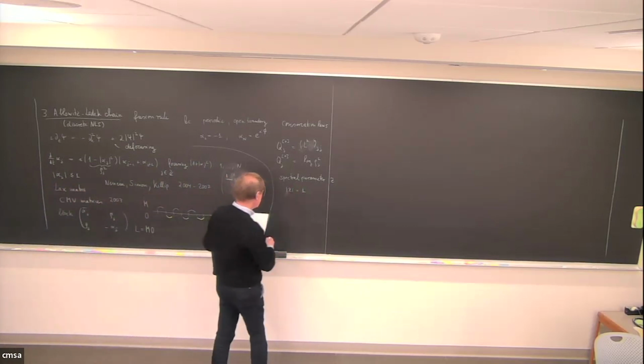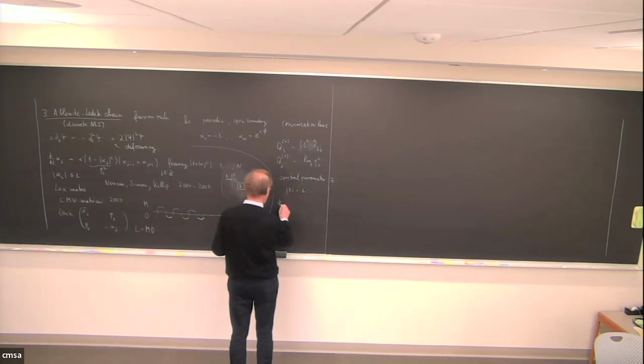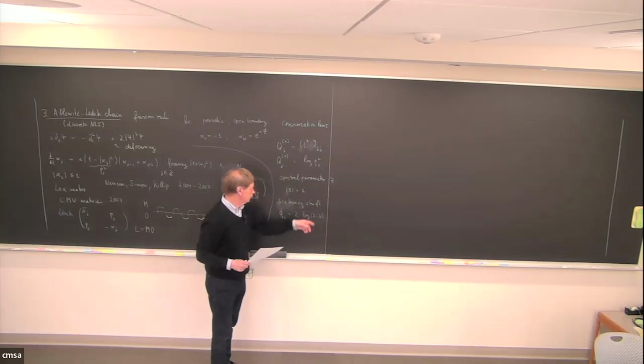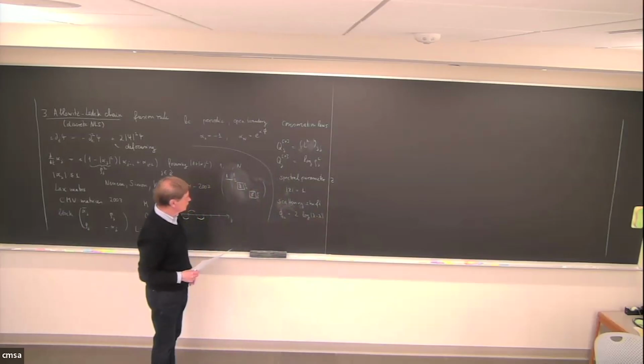So there's one thing which is missing. For the phi theta, we found that what is missing is still the scattering shift. Well, for the phi theta, we had twice the logarithm of lambda j minus lambda j prime, where these were the spectral parameters of the two quasi-particles. So that's fine.